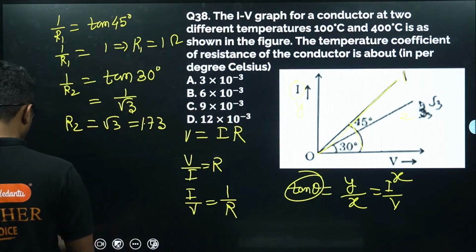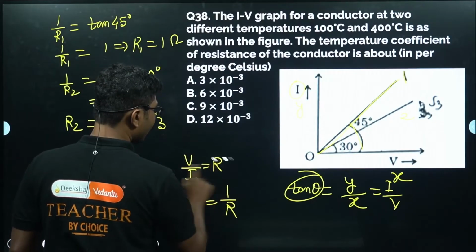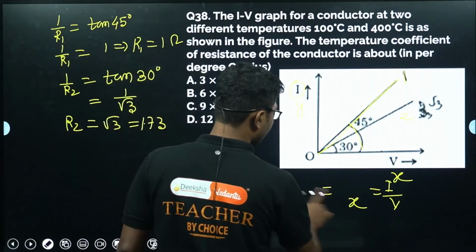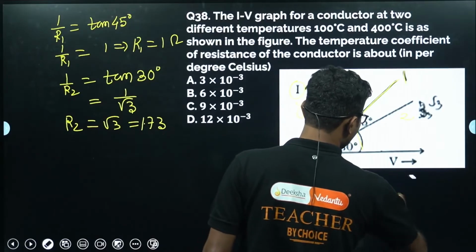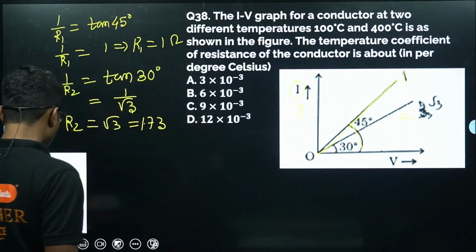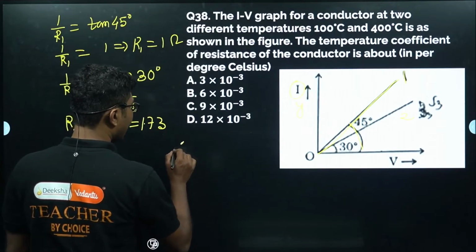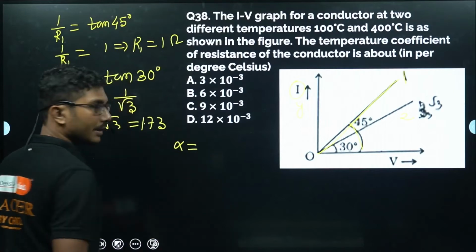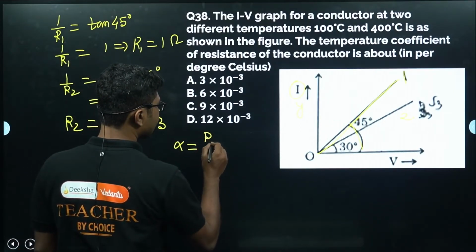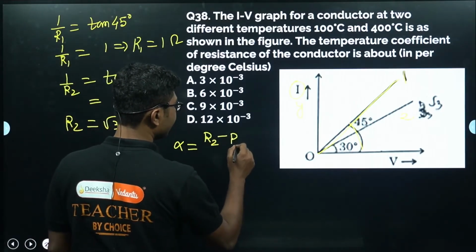Now here I will ask you to remember one formula. You can derive that formula on your own, how it is coming, and explain it to me. But if you remember this formula, it will be very handy while solving lengthy, little bit longer questions quickly. What is that formula? The temperature coefficient is given by the big resistance minus the small resistance.